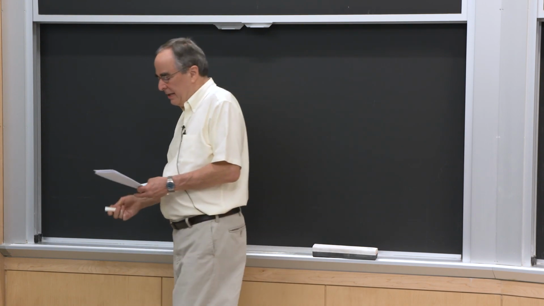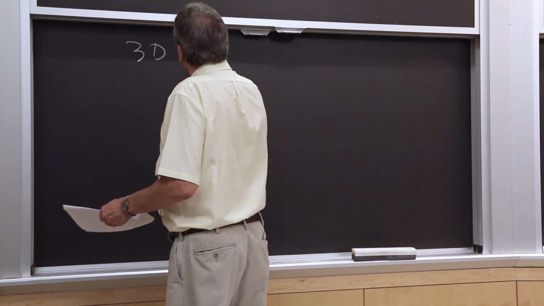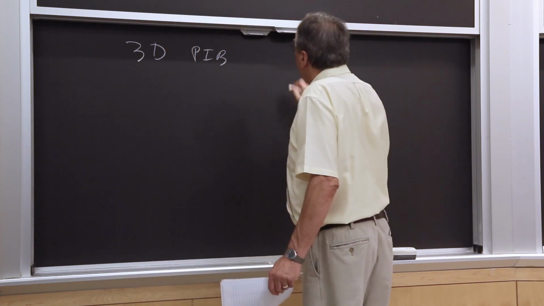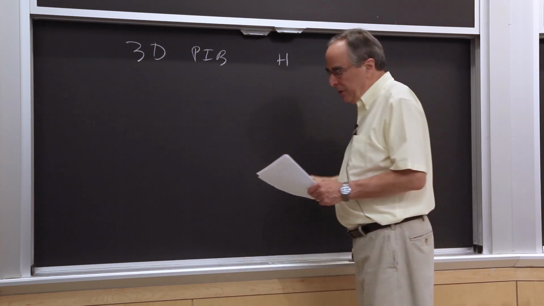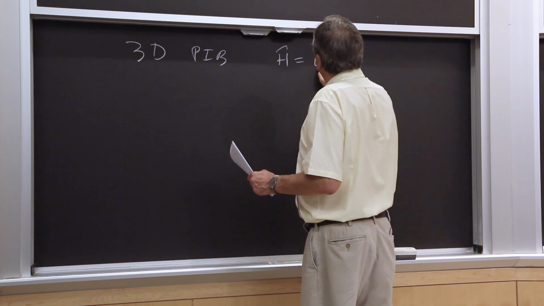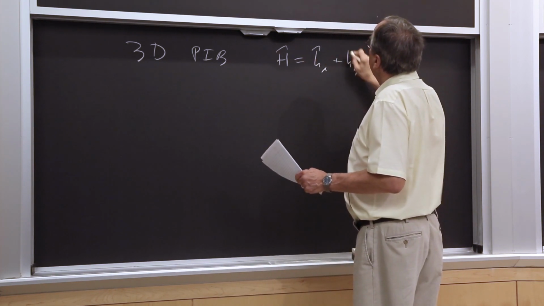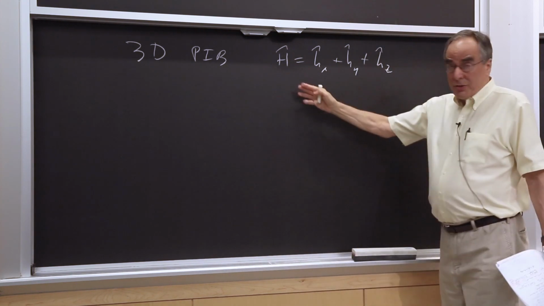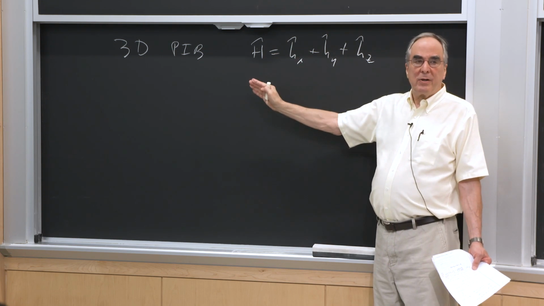And so to illustrate that, let's consider the 3D particle in a box. For the 3D particle in a box, the Hamiltonian can be written as a little Hamiltonian for the x degree of freedom, y, and z. Okay, so we have three independent motions of the particle.